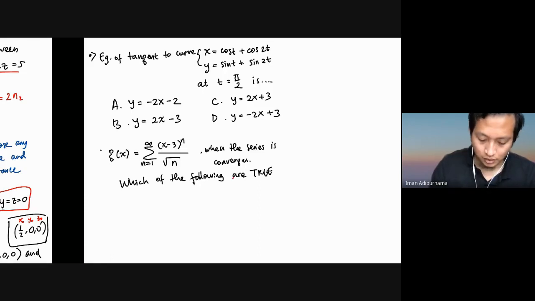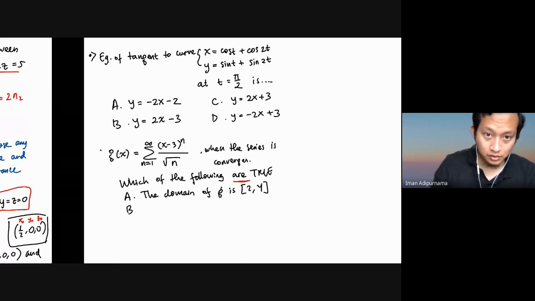If you see R like this, the answers can be more than one. A, the domain of g is 2 to 4.